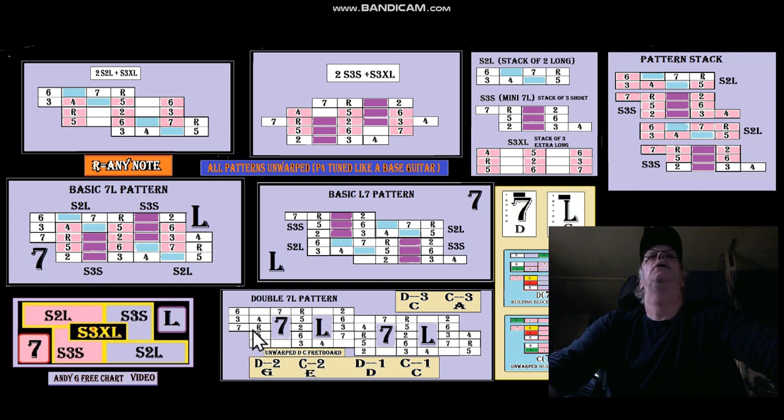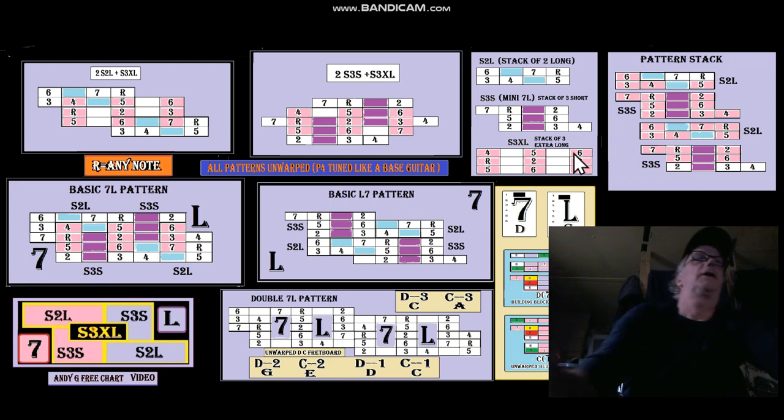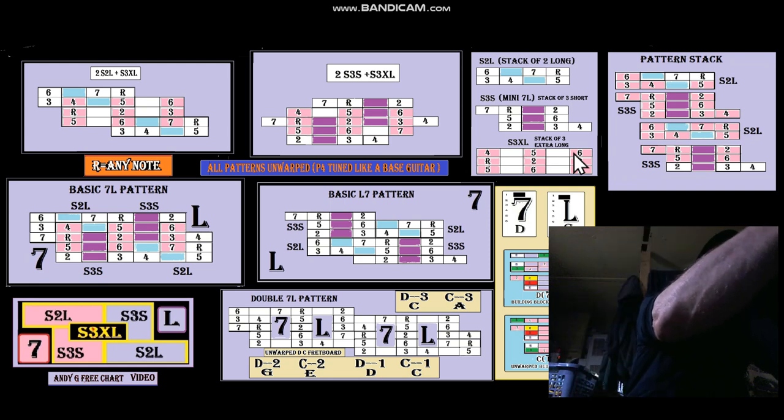In the middle of it all, there's a big S3XL. It's a stack of 3. That's what S3 means. Stack of 3, extra long, because it's even longer than the long one, which is 4 frets. It's 5 frets long. What happens if you go 6 frets? You're not at the same note.